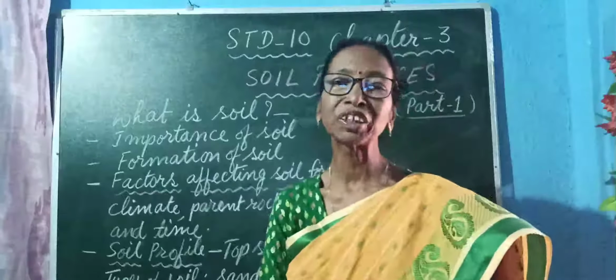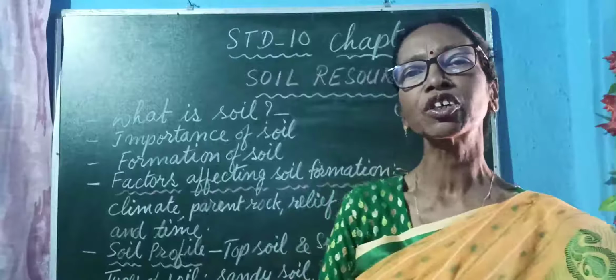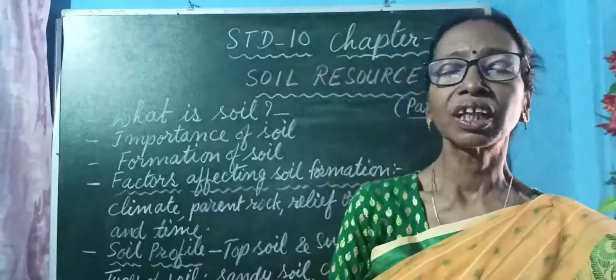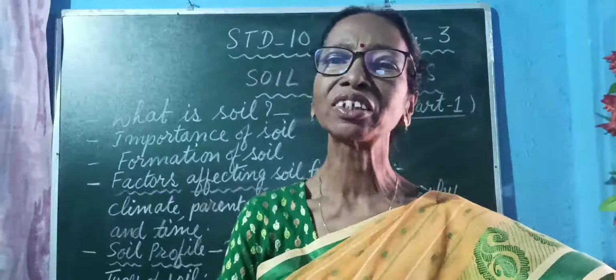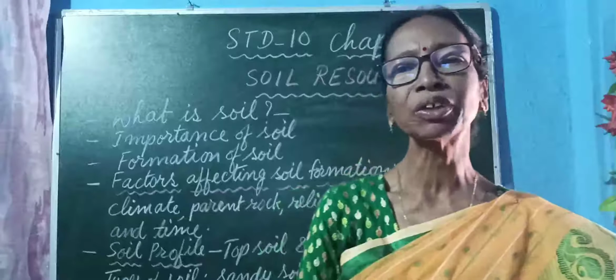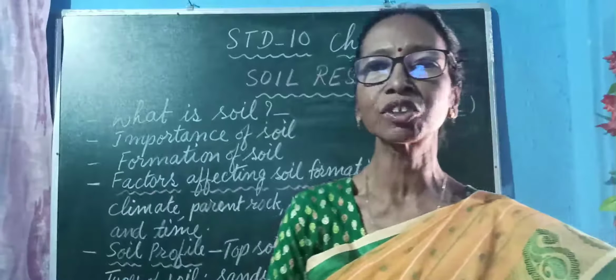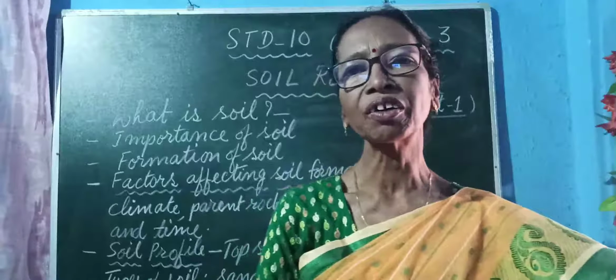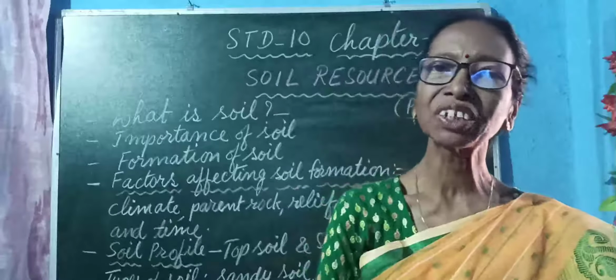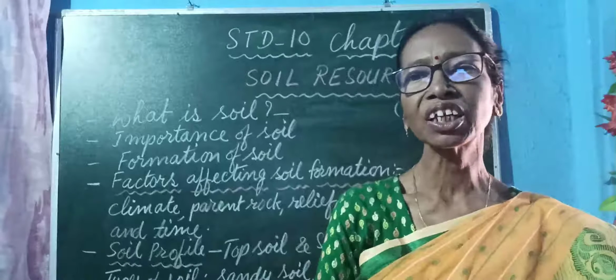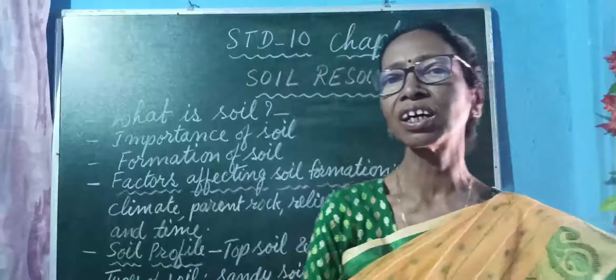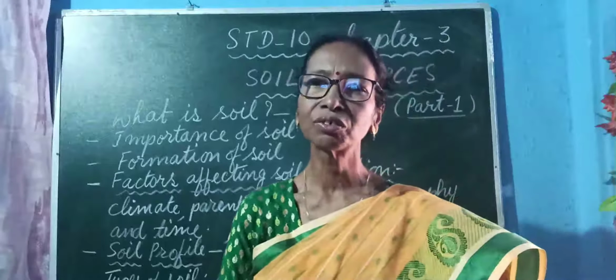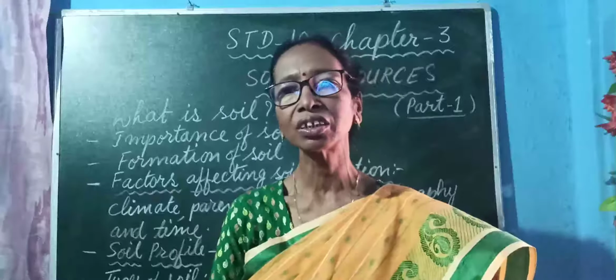How is climate important for the formation of soil? Climate is the main factor. Due to the climatic change, weathering takes place. The agents of weathering found in the atmosphere, temperature changes, heavy rainfall, all these are the main factors found in the climate or weather.